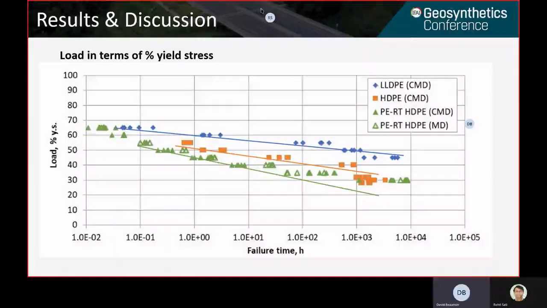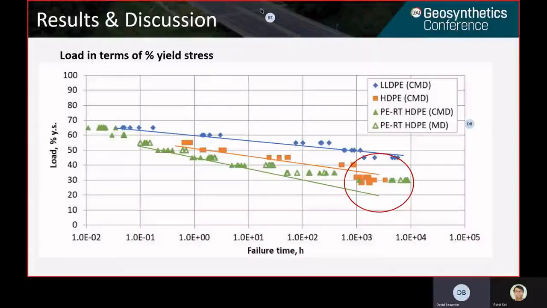Basically, the higher loads are more likely simulating a ductile behavior or ductile failure, up to a point where we reach a ductile to brittle transition zone. And this is the one that is circled in red on this picture.